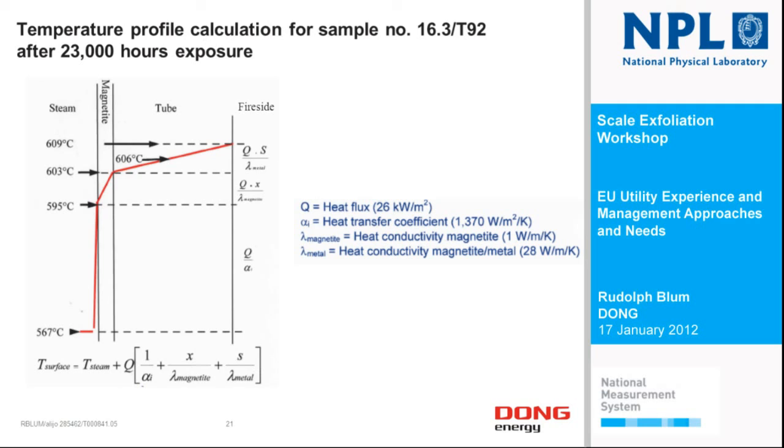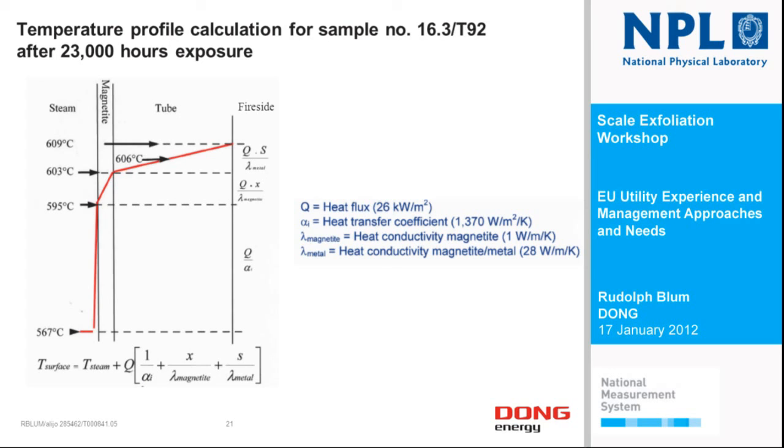You have a steam temperature, and then you have, due to the internal heat transfer coefficient, which definitely depends on the flow, an increase of temperature, which is the heat flux divided by the internal heat transfer coefficient. And in a test superheater, this can be a heavy jump. In real superheaters, especially a reheater, it can be something more than 30 centigrade.